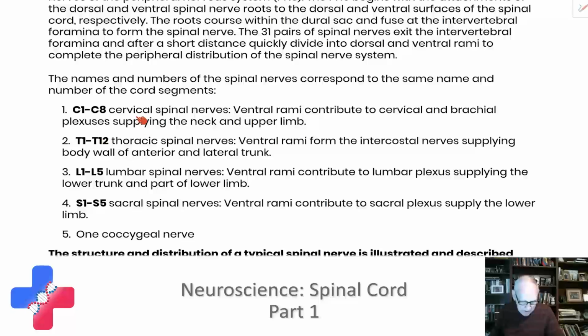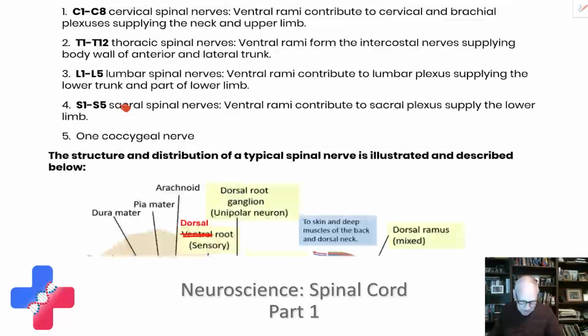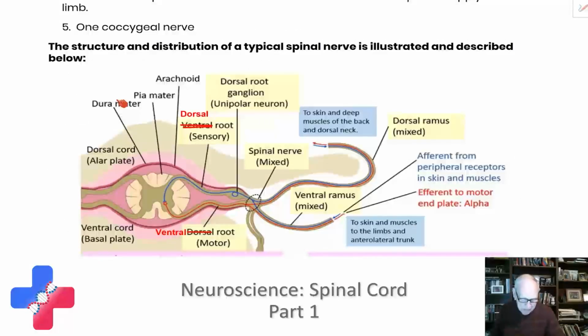So we end up with a series of 31 spinal nerves. As you well know, these spinal nerves are repeating patterns of each other, so you do not have to identify each one individually. We can talk about a generic, typical spinal nerve, and that's what we want to look at here at the beginning.